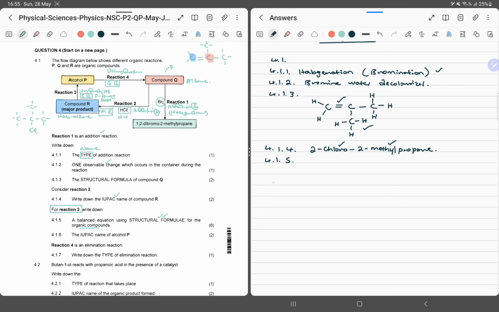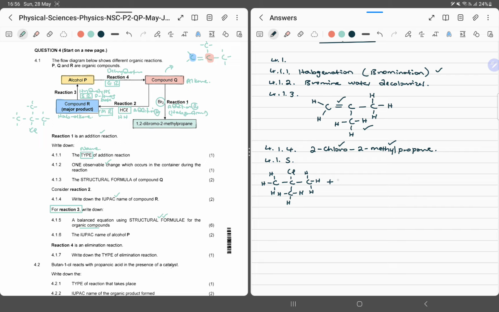So we've got 1, 2, 3. We're just going to put our chlorine there, our methyl there. So indirectly they just want that structure, eh? Plus, what do we add to that?